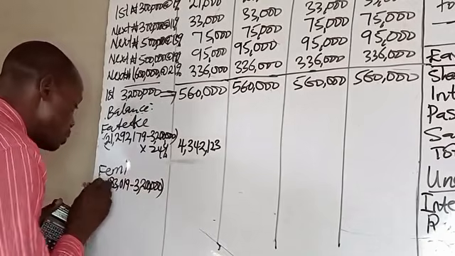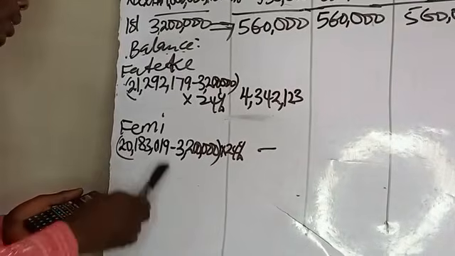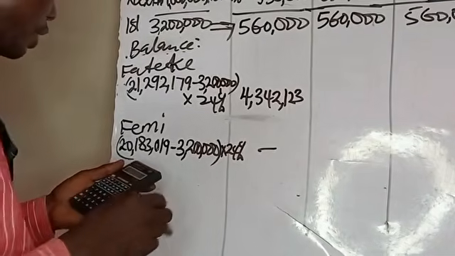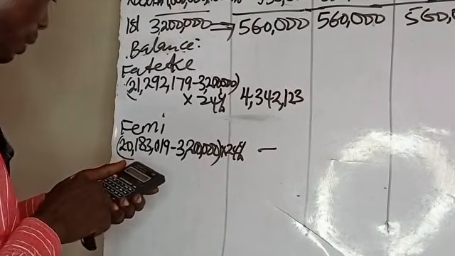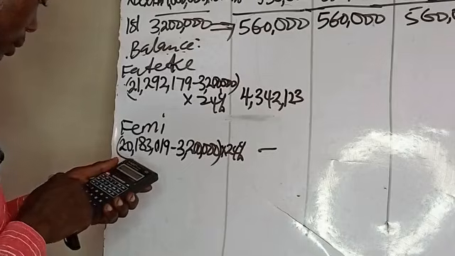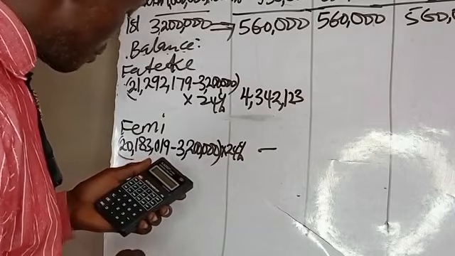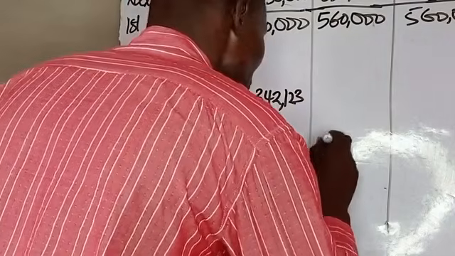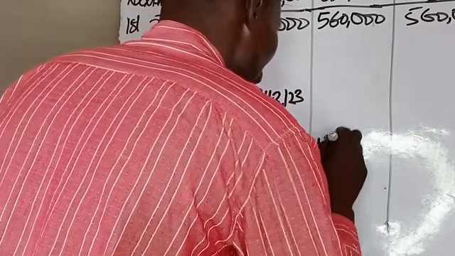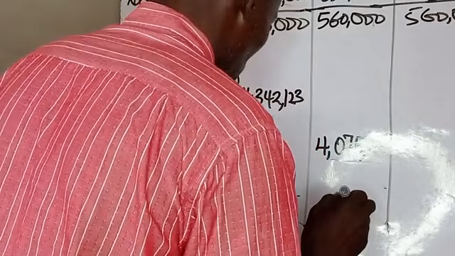Then the remaining balance, now apply 24% of it. 20,183,019 minus 3.2 million will give you 16,983,019. 24% of that gives us 4,075,925.